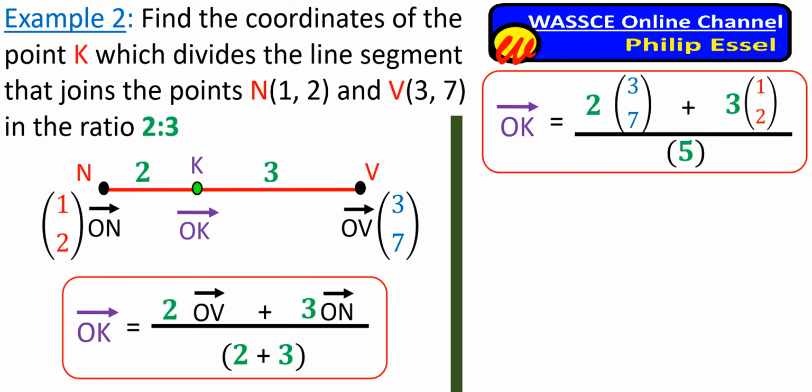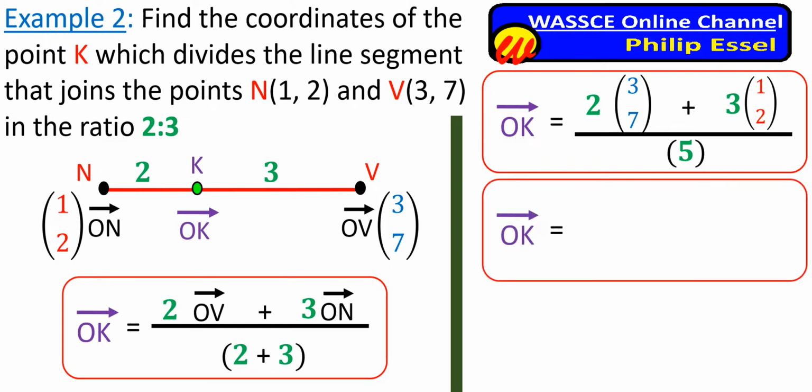When you do this, you would get the ratio 2 times the vector OV, which is (3, 7), plus the ratio 3 times the vector ON, which is (1, 2), all divided by the sum of ratios, which is 2 plus 3, and it gives us 5.